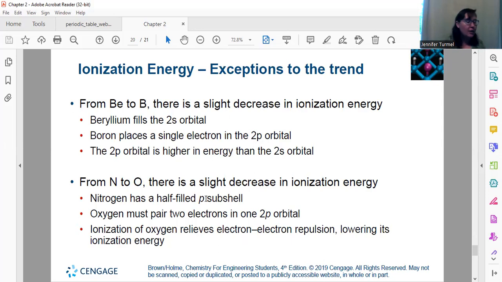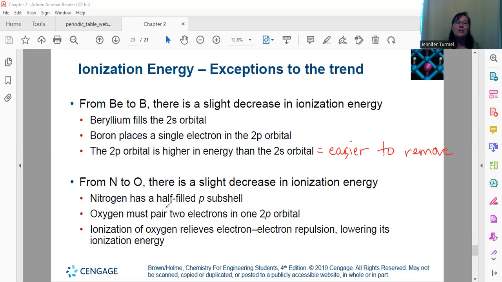You should look at the periodic table right now and find where those are. The 2p orbital is higher in energy than the 2s orbital, and that means it is easier to remove that electron because it's kind of hanging out there all by itself. I'll show you in a minute on the periodic table.